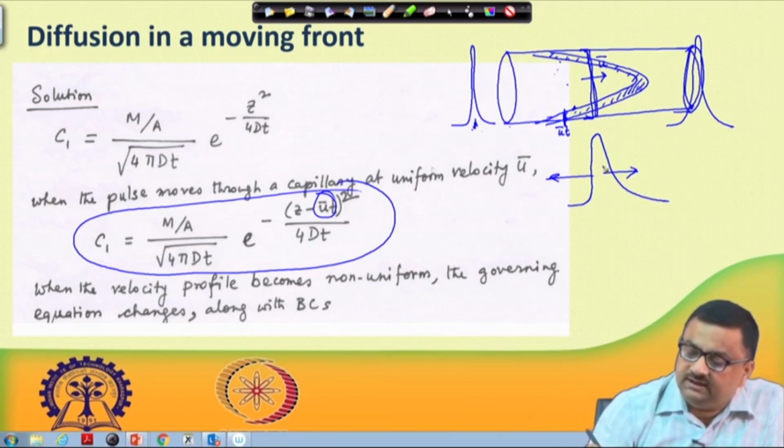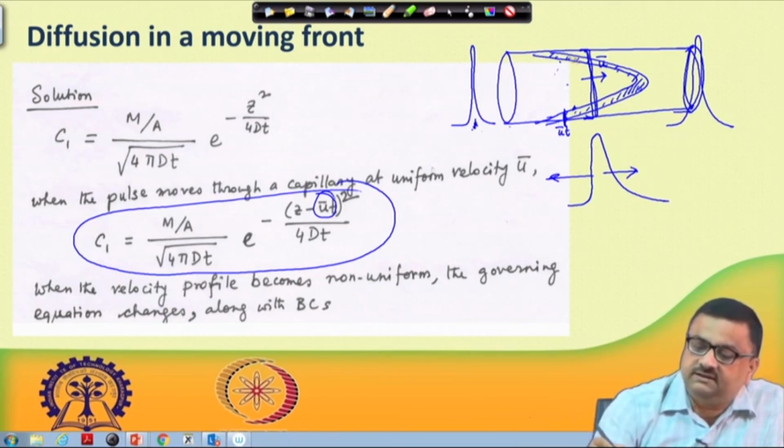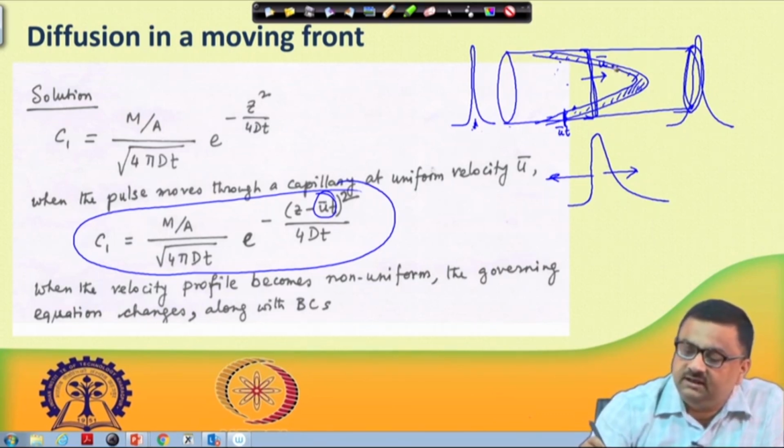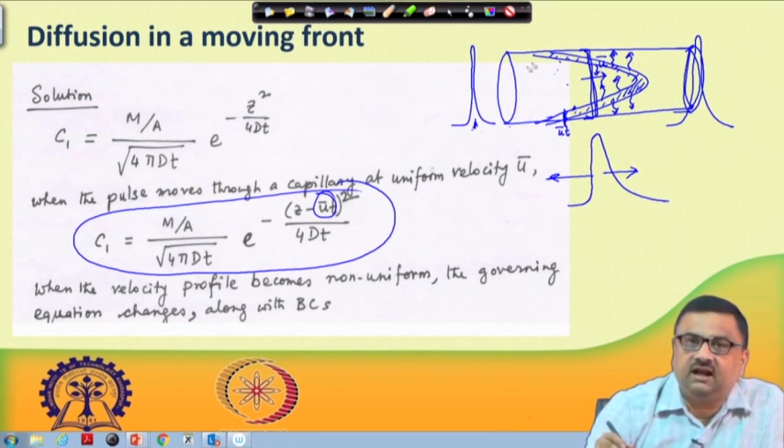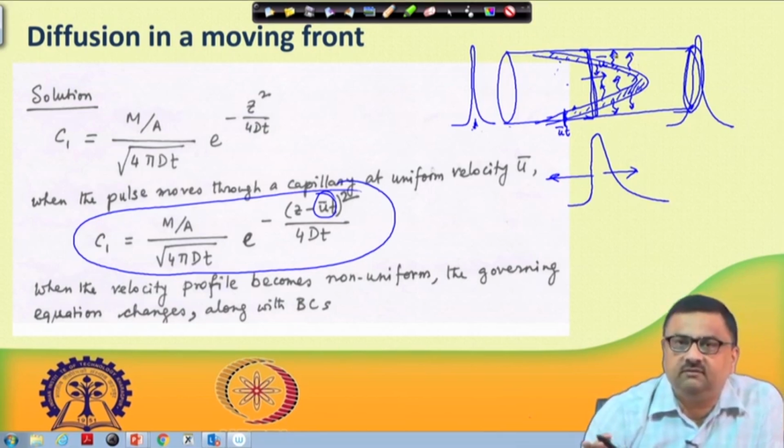But here in this case, if this pulse itself is stretched like this because of the parabolic velocity profile, then we will see that diffusion is taking place in this direction, here in this direction, here in this direction. So, it is creating a slug, and it is a completely different ballgame.